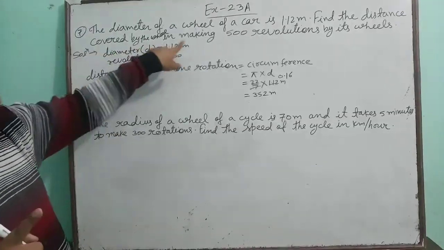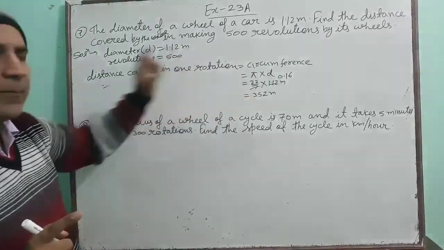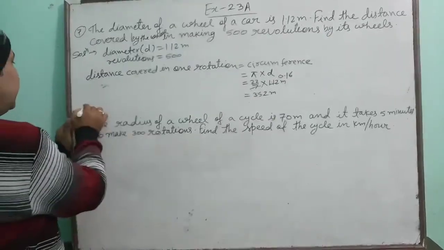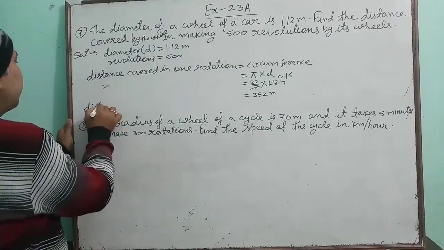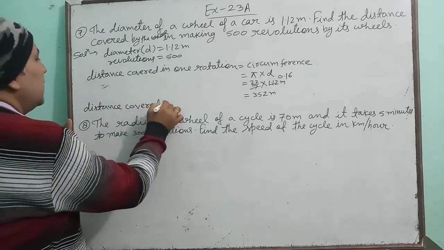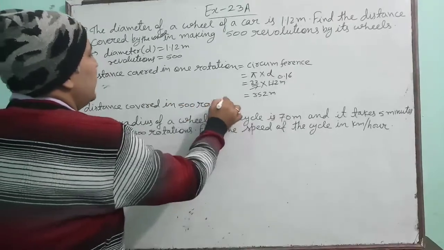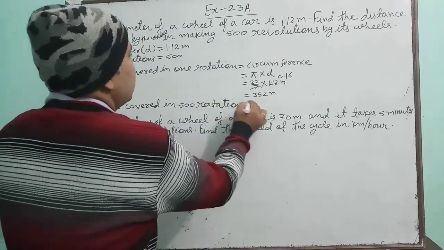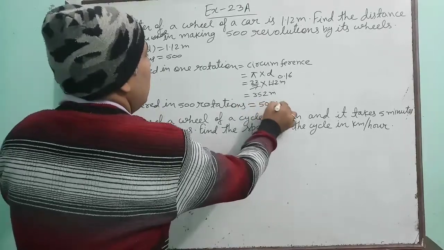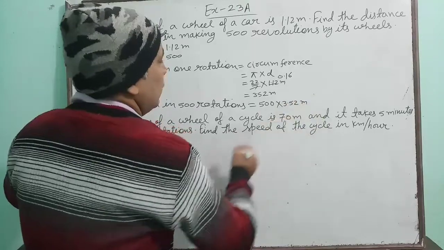Then how much distance will it cover in 500 rotations? The 500 will be multiplied with it. So distance covered in 500 rotations will be equal to 500 into 3.52.